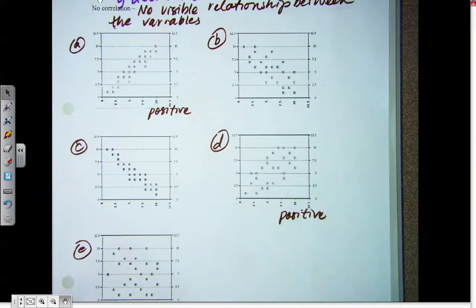A and D are positive, but what do you notice that's different about them? A is less scattered than D, which is more varied and more spread out. The points on A are closer together, the points on D are more spread out.